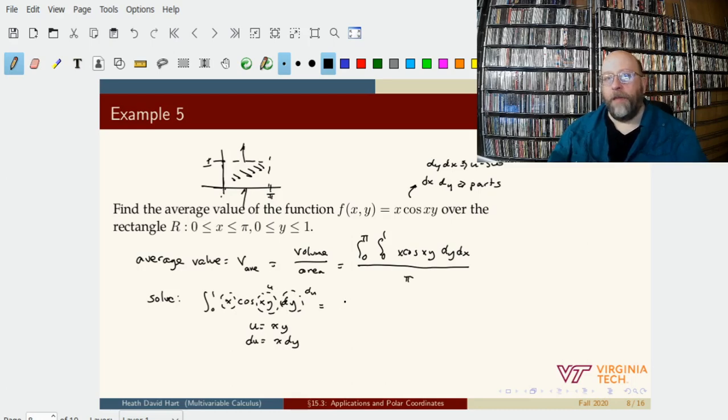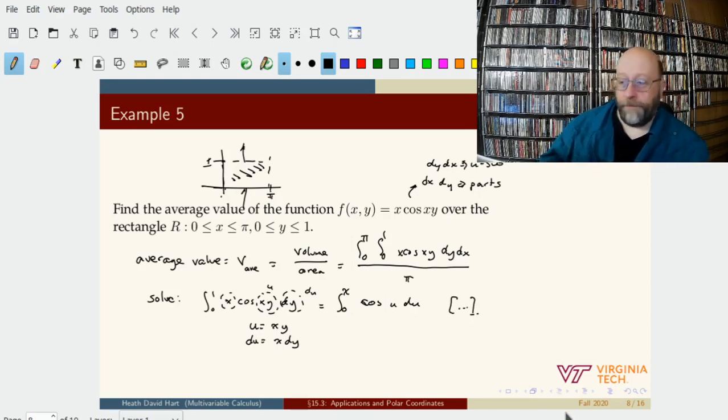And then this is the same thing as, all right, y goes from 0 to 1. X times 0 is still 0. X times 1 is x. And so we get an x here. And so we get cosine of u times du. And then we'll keep solving from there. Okay? Let's move on.